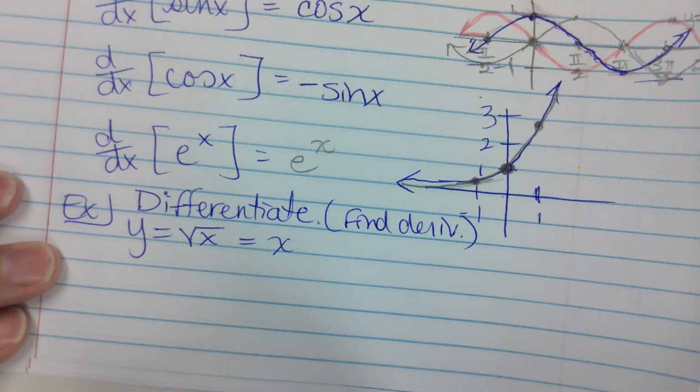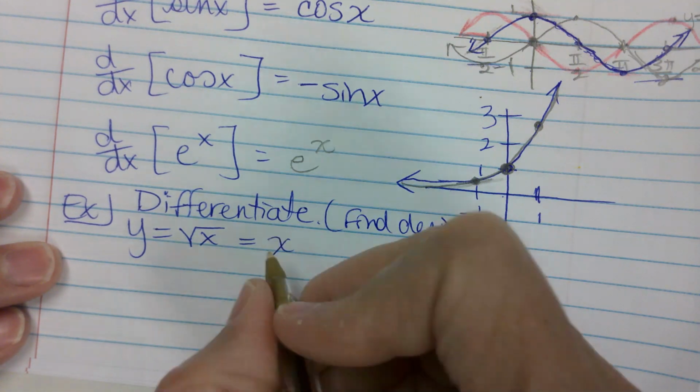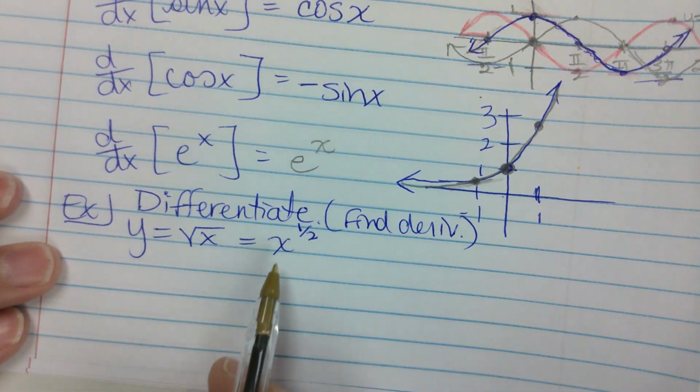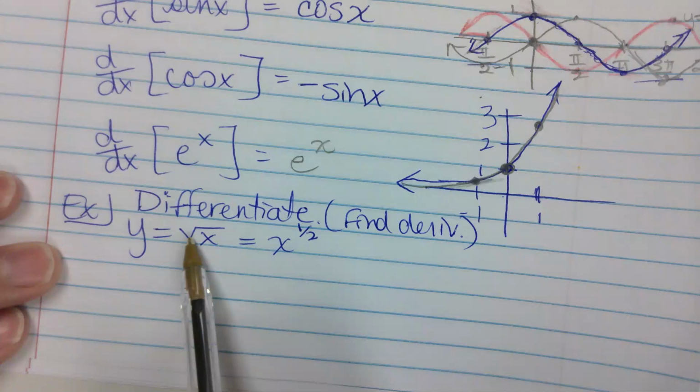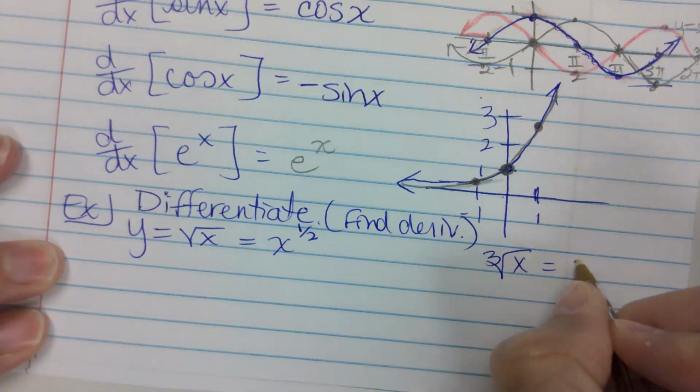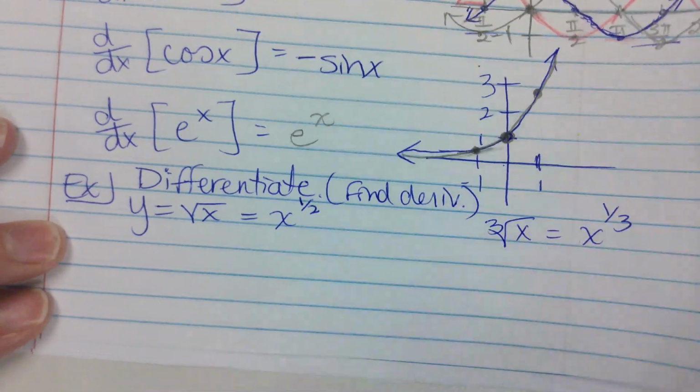It's not negative. Negative sends it to the denominator. It is the 1/2 power. You were on the right track, but the square root is the 1/2 power. The cubed root is what? The 1/3 power.